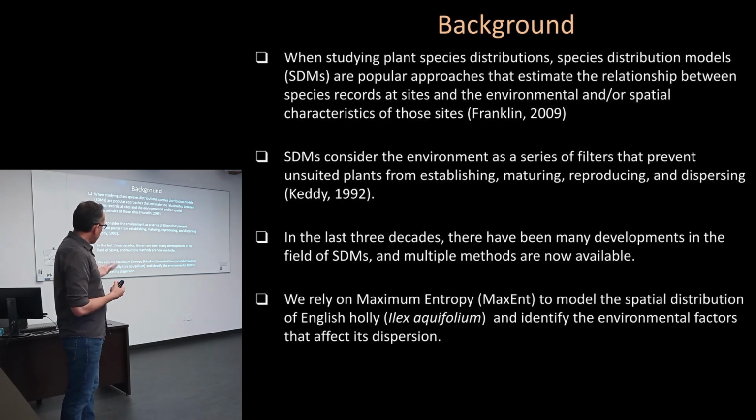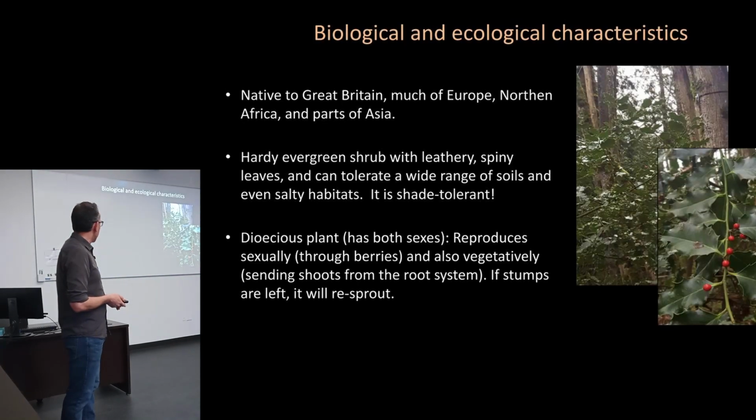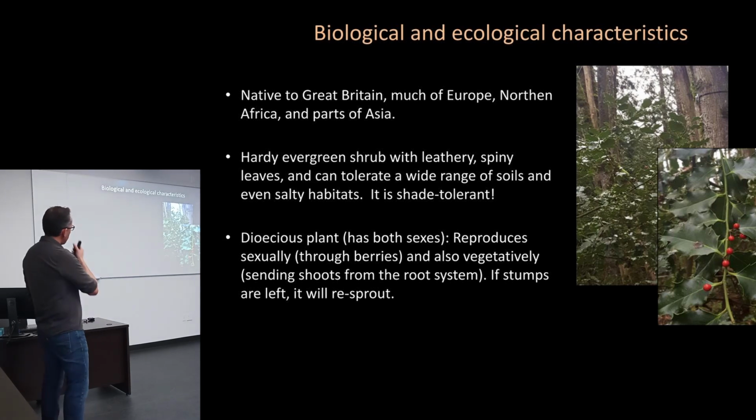In this talk, I'm going to emphasize a particular type of model called maximum entropy, or MaxEnt, which allows us to estimate the spatial distribution of the species, in this case English holly, Ilex aquifolium, and identify the factors that contribute to the dispersion of this species. Now I'm going to explain some of the characteristics of English holly before we jump into the details of the modeling approach and our findings.